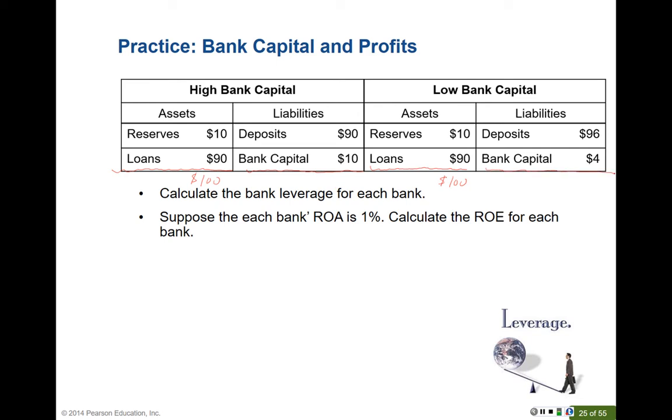For a low bank capital, this company relies more heavily on the deposit, $96, but relies less on the bank capital, only $4. That's the reason we call it the low bank capital, because this company only has a $4 bank capital, but the other company has a $10 bank capital.